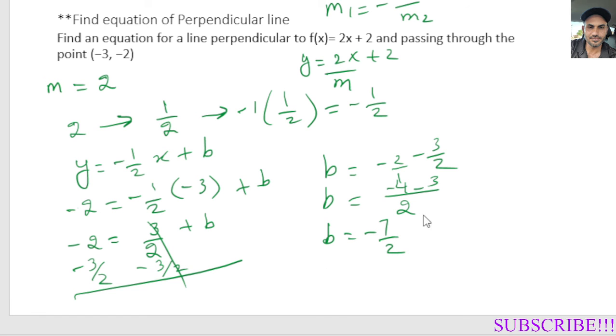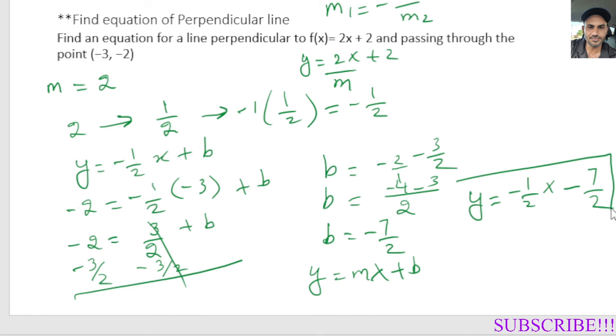Now we can go back to our equation, y equals mx plus b, and plug in the information we solved for. So y equals, the slope was negative 1/2, x, and the y-intercept is negative 7 over 2.